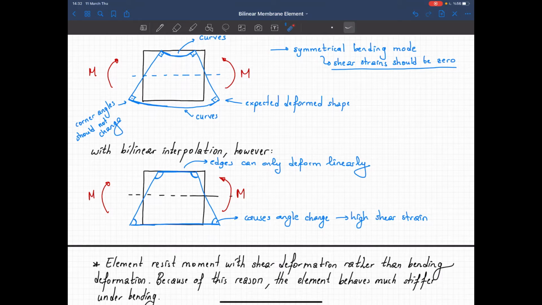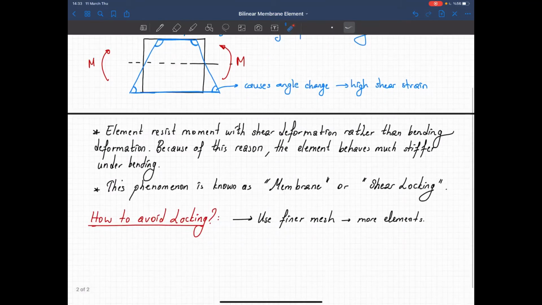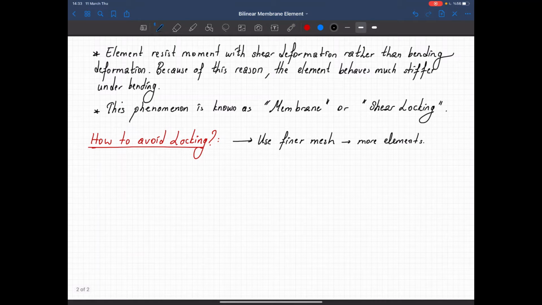So what we need to do is to increase the degree of the interpolation functions. That could be another option: use higher order shape functions. What's the downside?